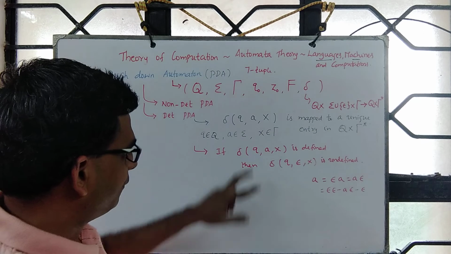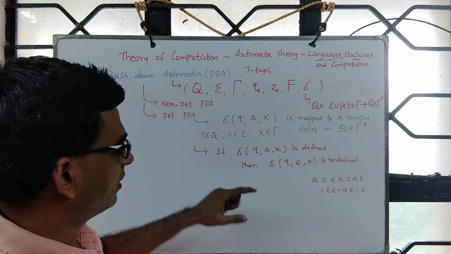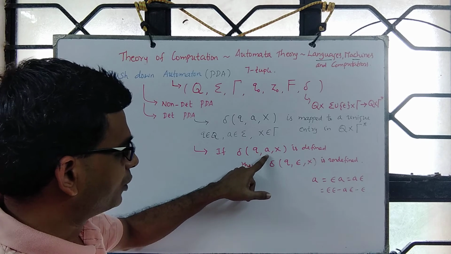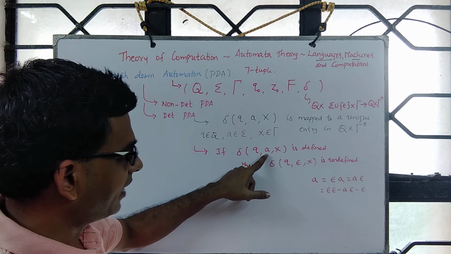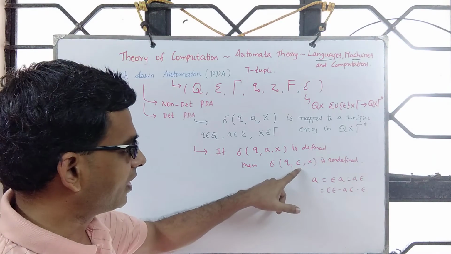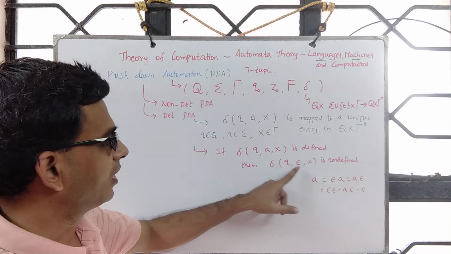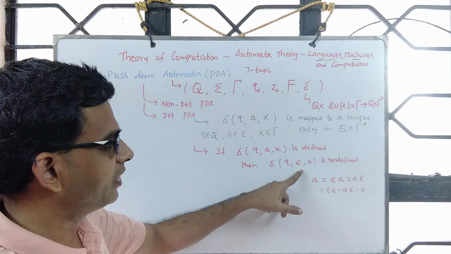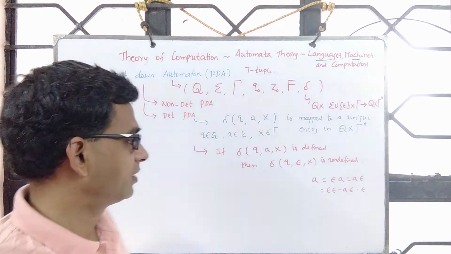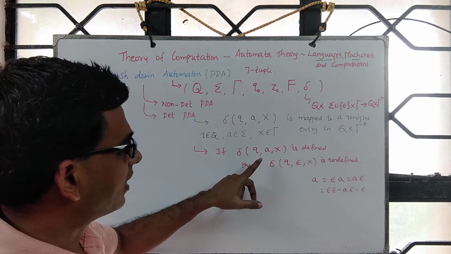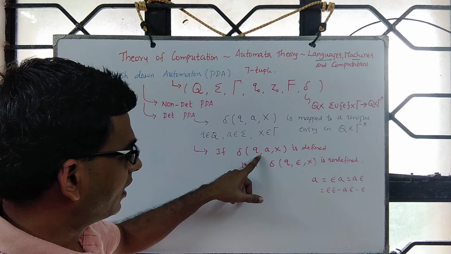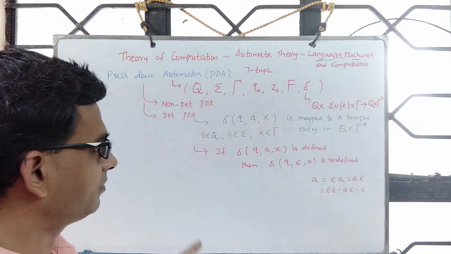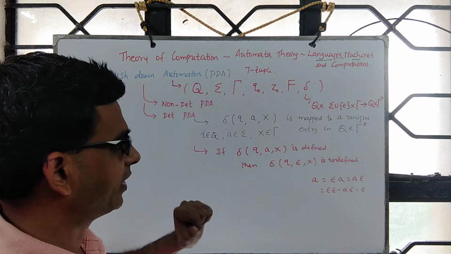Correct? So if let's assume both are defined, then you have a conflict. You look at A, should I read A or should I see A as epsilon A and take this move? Or maybe after reading Q comma A comma X, you may read Q comma epsilon comma X. So you may take this move, or you may take this move. So non-determinism you get to see at this point in time.